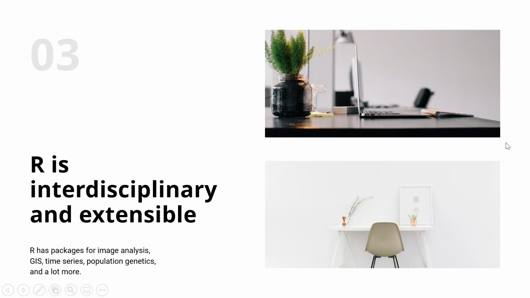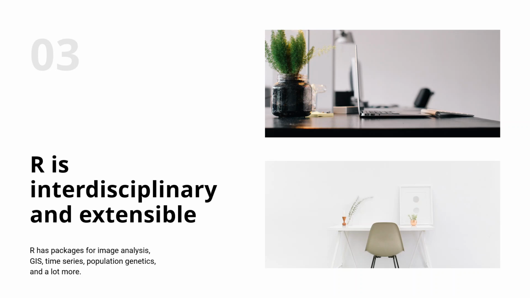R is also interdisciplinary and extensible. The interdisciplinary part means that R is used across a wide range of fields from health and medicine to ecology and engineering. And it's extensible.